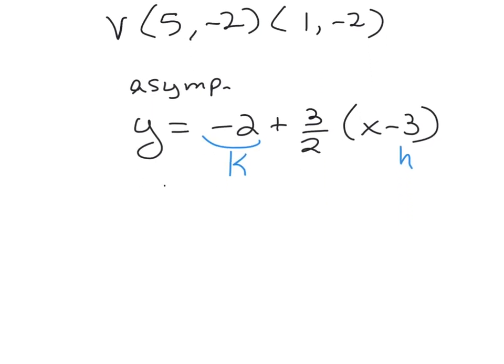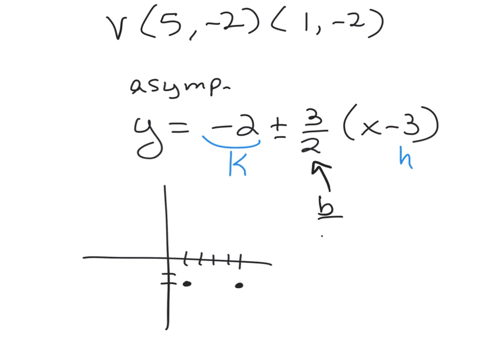So let's graph the vertices, see if it's horizontal or vertical. 1, 2, 3, 4, 5, 1, 2, and then 1, -2. So you can see it's horizontal. So the equation I'm going to be filling in, okay, so when you see that your hyperbola is going to be horizontal, remember this right here, this plus minus, is going to be b over a.